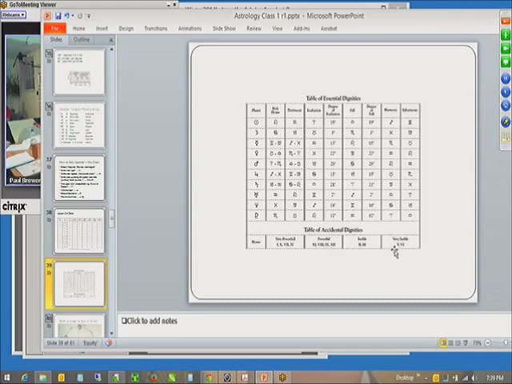And then as you get down into the cadent houses, it gets weaker and weaker. And that's called accidental dignity. It's just a very old astrological term, because it's accidental in the sense that it just happens to be where the time of day that the chart's done for, where the planet falls in terms of what house it's in. Whereas the sign that it's in is more of an essential thing that lasts a lot longer.